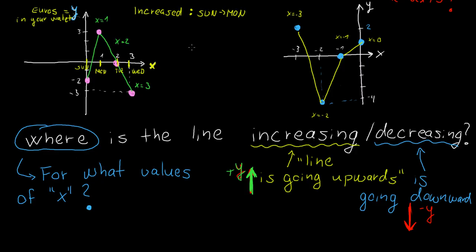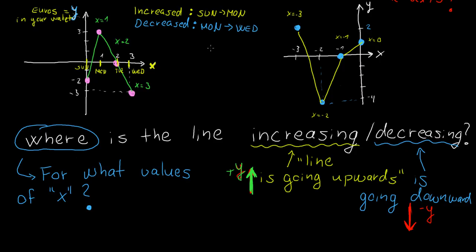Now, however, you also started spending the money, and you spend the money, so the line decreases in its value. Decreased. We go from Monday all the way down to Wednesday because you didn't get any extra money, no extra allowance. So it decreased.